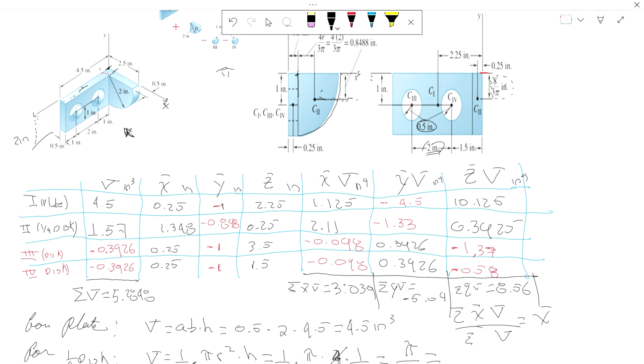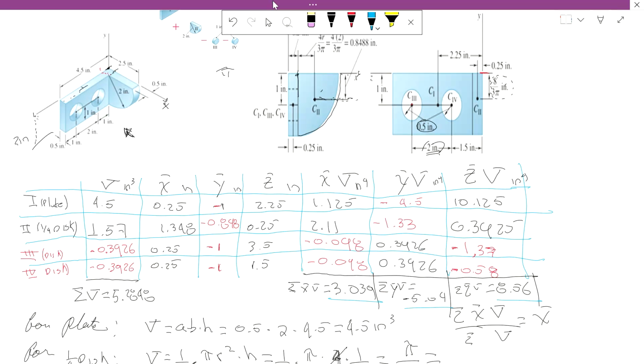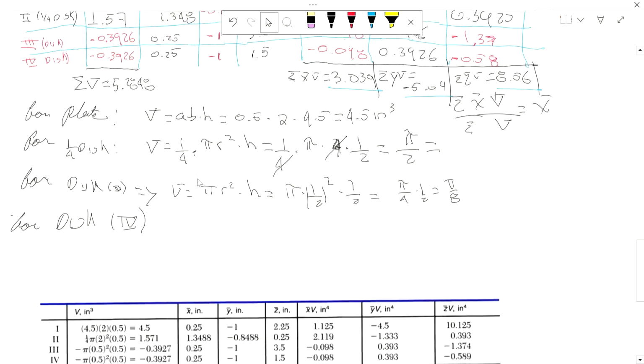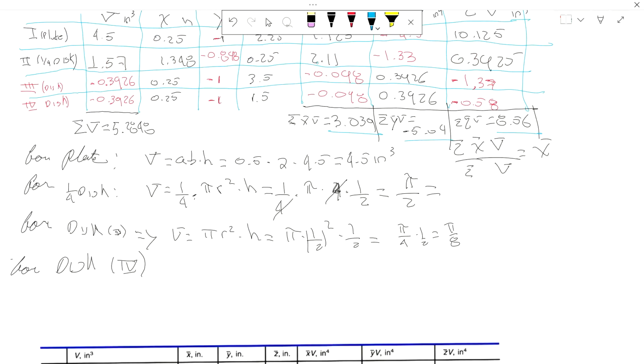All right, so we have computed what we need to find the centroids. Let's compute the centroids right here. So for x, we have summation of x volume divided by summation of volume.